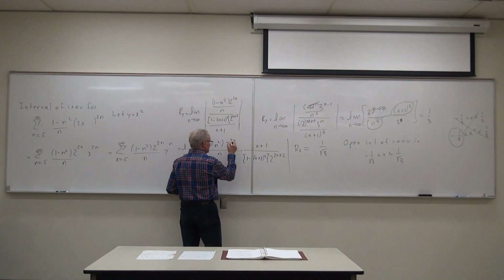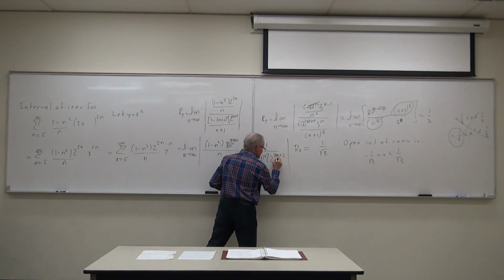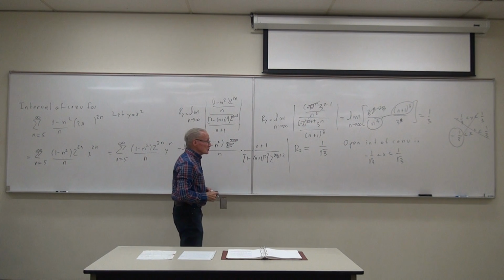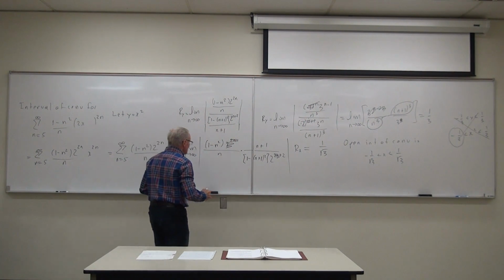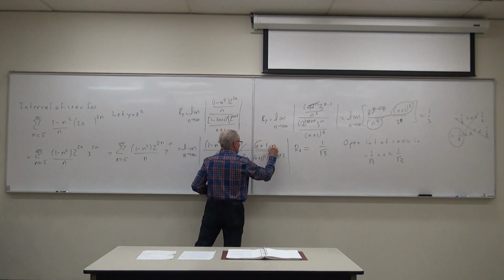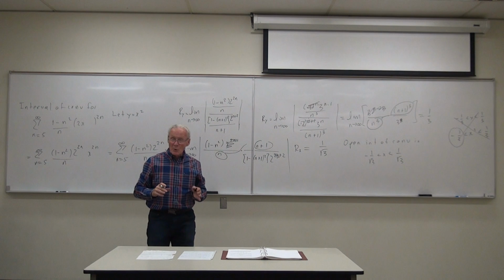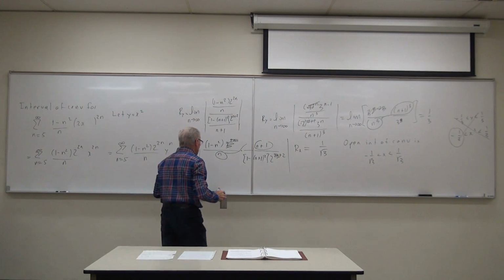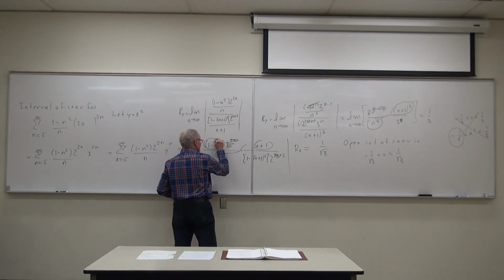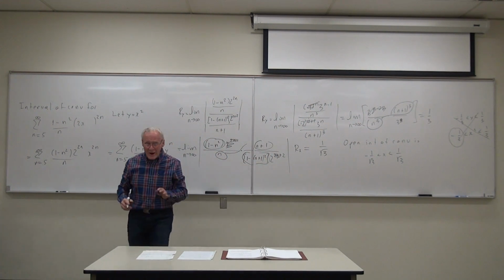Now we can cancel some 2's. We cancel all of those 2's, and that leaves 2 squared. Will you agree with the following? That and that, the limit of this one over this one is 1. Will you agree that the limit of this one over this one is also equal to 1?